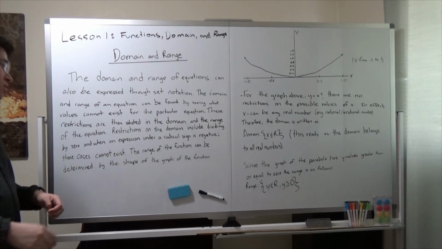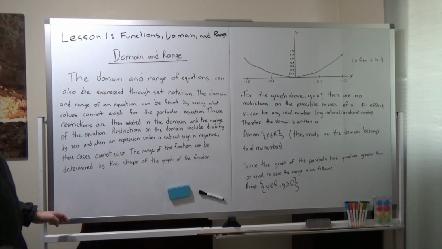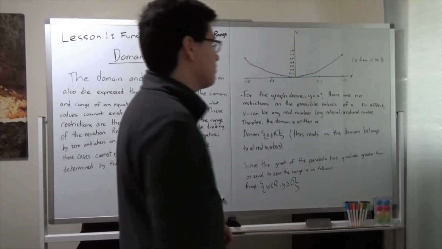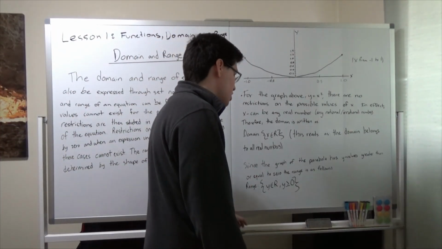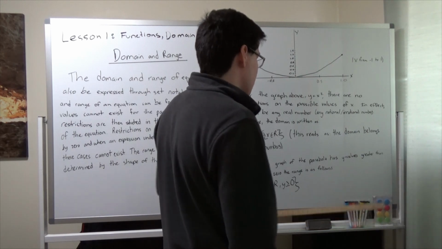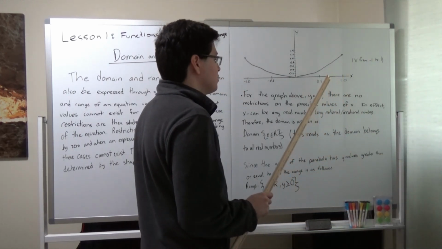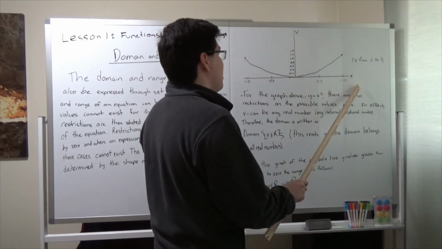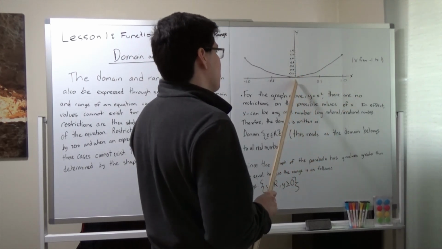The range of the function can be determined by the shape of the graph of the function. This is a function, and it is y equals x squared. It intersects the x and the y-axis at 0, 0.